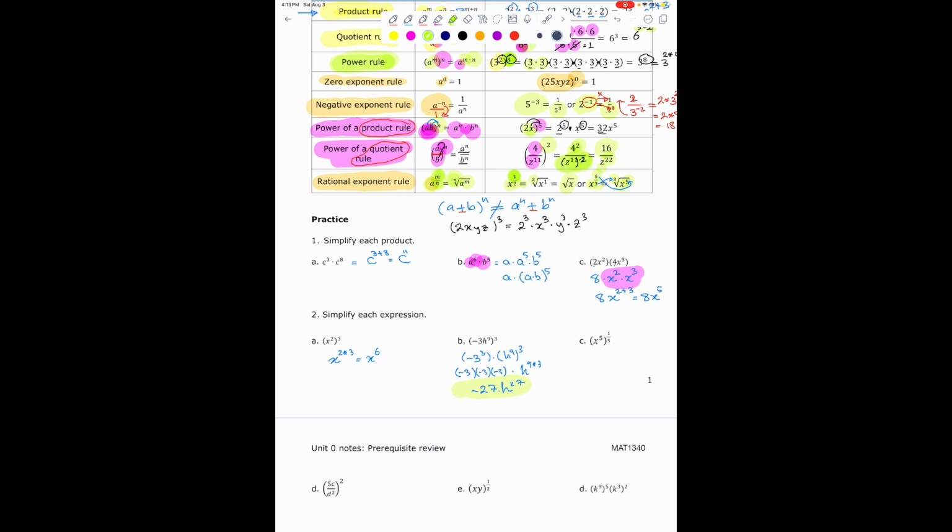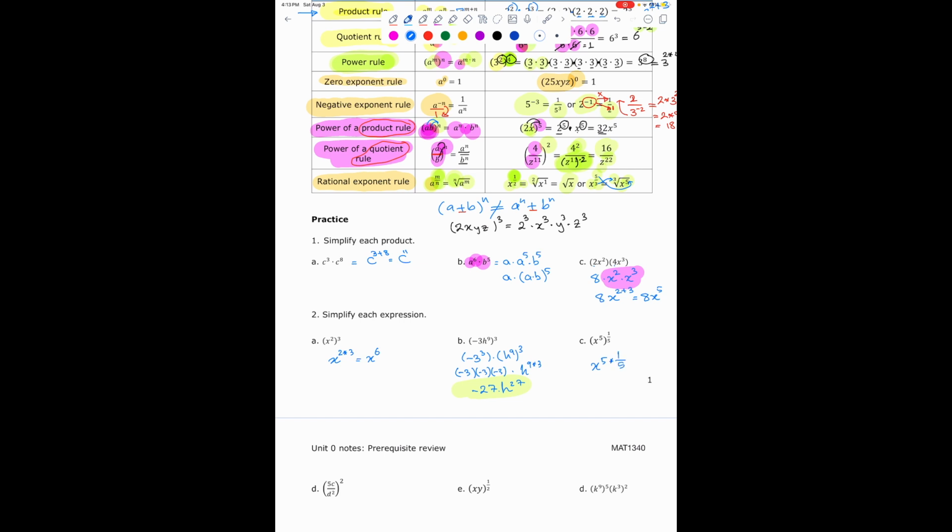Part C, I have x to the 5th raised to 1/5. So I'm going to use the power rule for that one because there is an expression raised to a power. So this is going to become x to the 5th times 1/5.